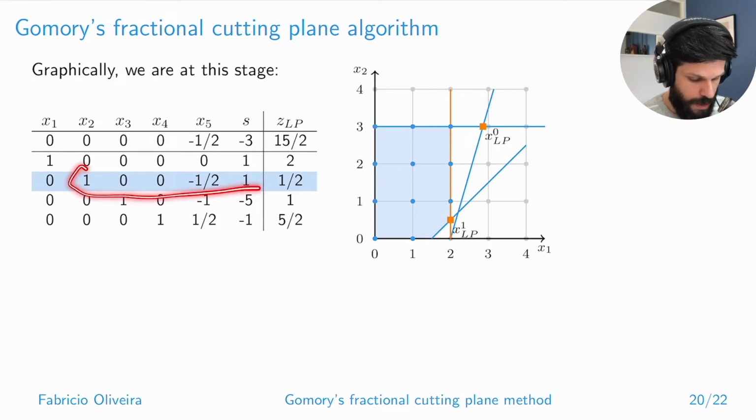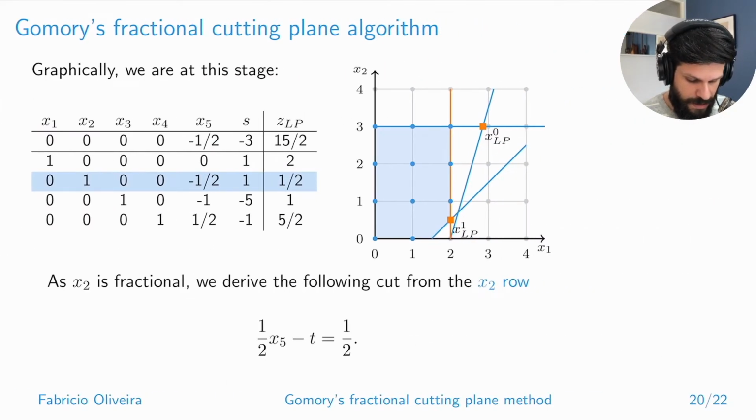So generate a fractional cut for this constraint. You will see that this thing is going to become 0, because 1 minus round down 1 is going to be 0. This minus round down this is going to be the same. So we get this sort of single cut that only has this coefficient on x5, but that's fine.